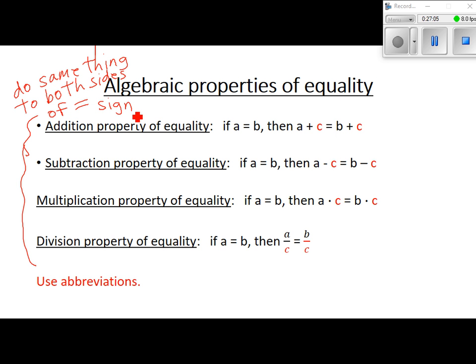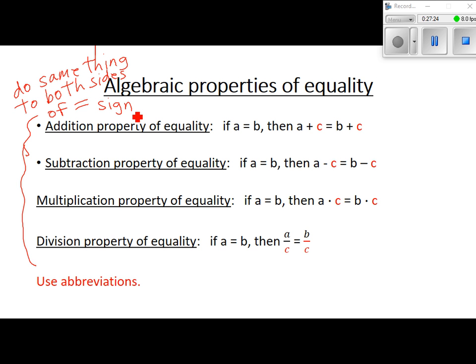I think Mr. Harrison used to always teach a balance, a scale, when you're doing algebraic equations. If you add 6 on this side, what do you have to do to keep it balanced? Add 6 to the other side. All right? So all these are that same thing.